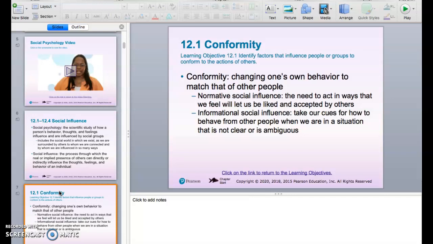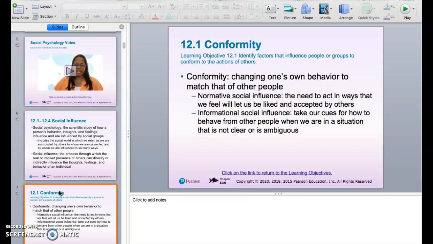What are the norms of our culture, and how do we mold to those in order to fit in with our society? What are some things that we do because we know we should, because we want to be liked or accepted by others? So we act in ways that are in line with what others are expecting of us. That would be normative social influence.